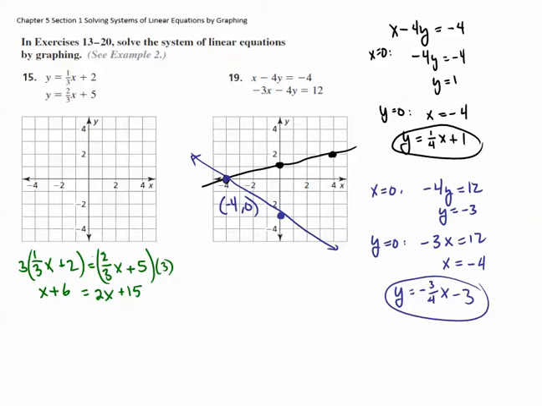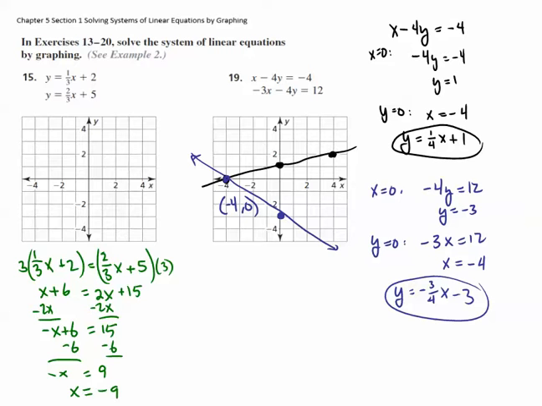If I subtract 2x on both sides, I will get negative x plus 6 is equal to 15. Subtracting 6, I get negative x is equal to 9, or x is equal to negative 9.